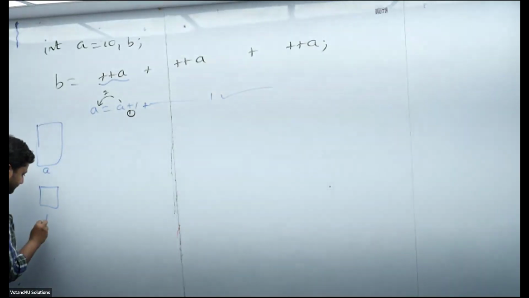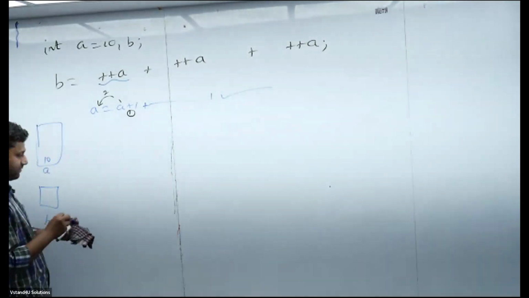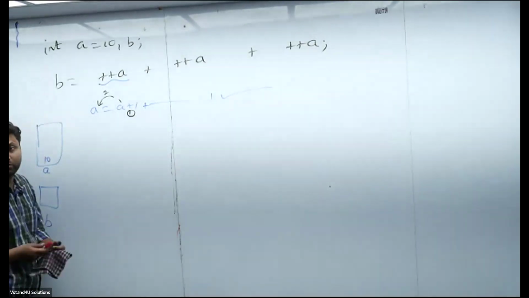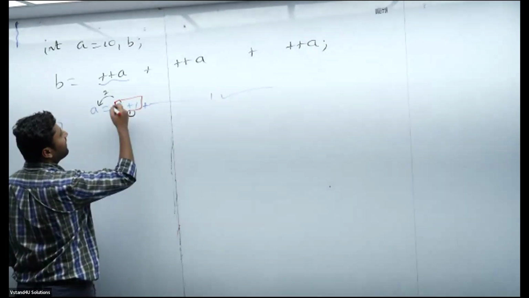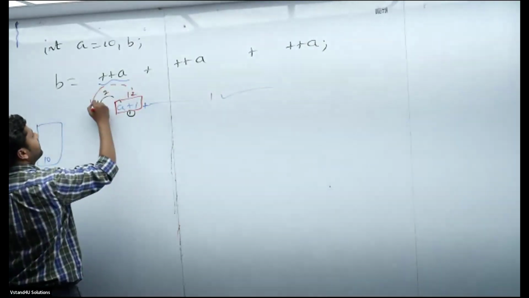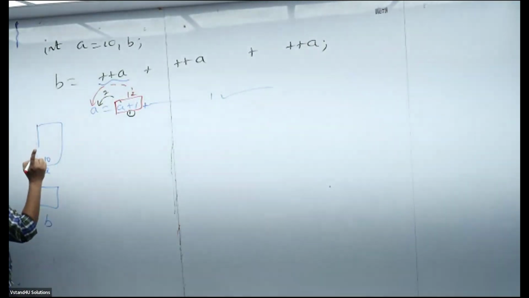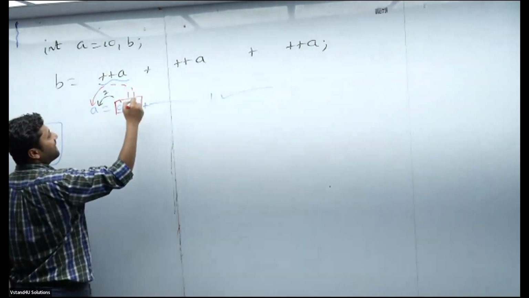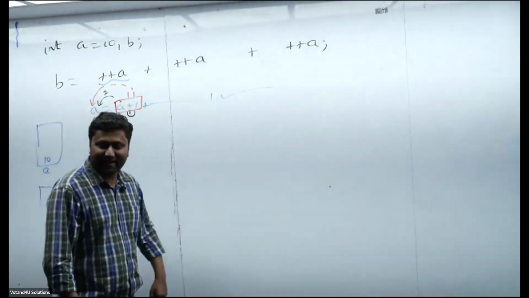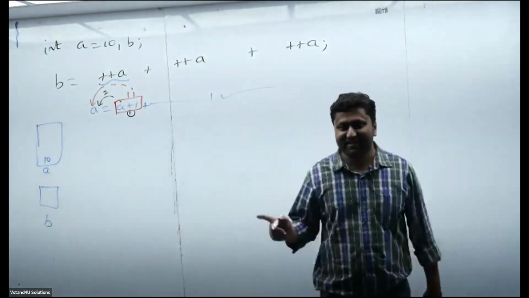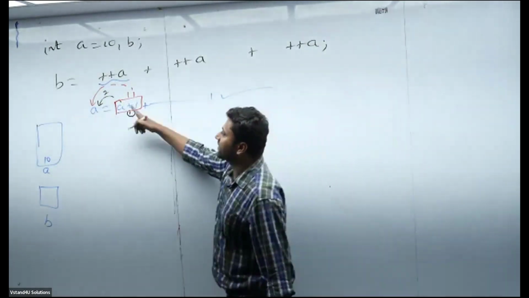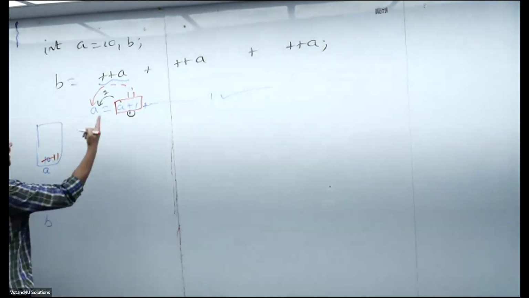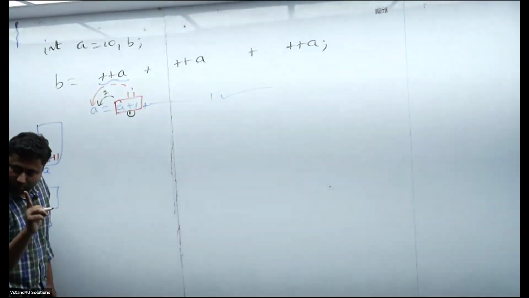A value is already 11. First you increment, A value becomes 12. Arey yaar, 11 is there. Typing mistake. A has been incremented to 11 and assigned also.